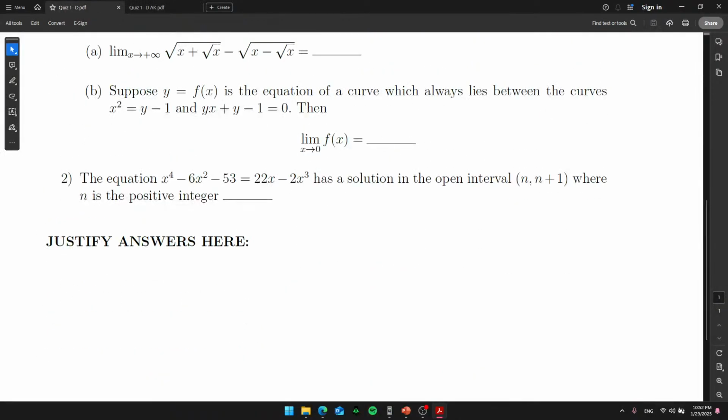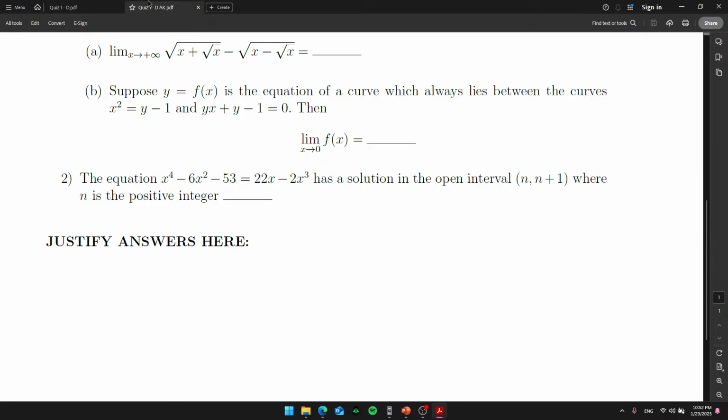Okay. The equation x to the power of 4 has a solution in the open interval where n is positive. Okay, what's the question? To find the n? Find the n. I think he's asking for n.